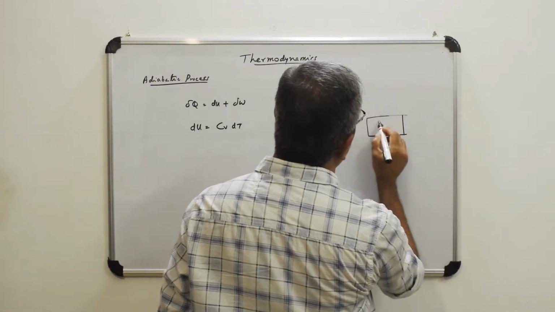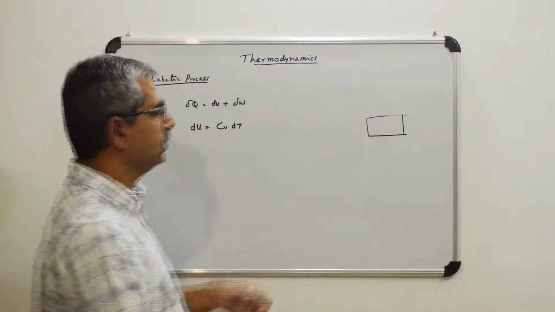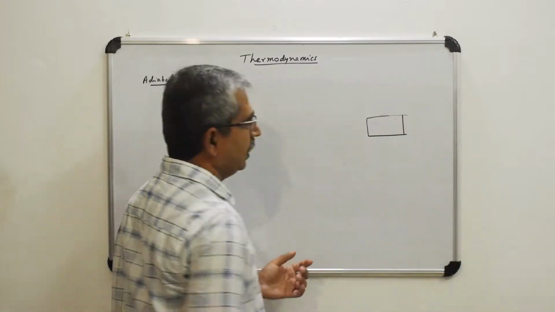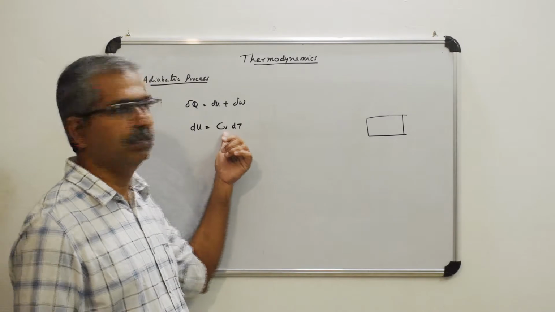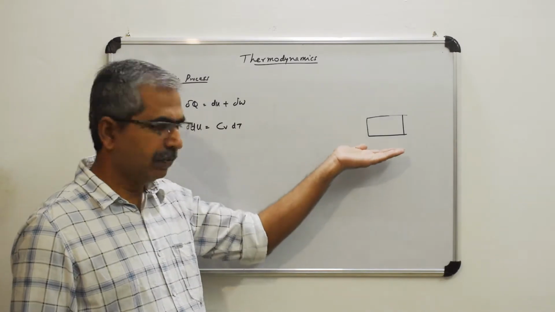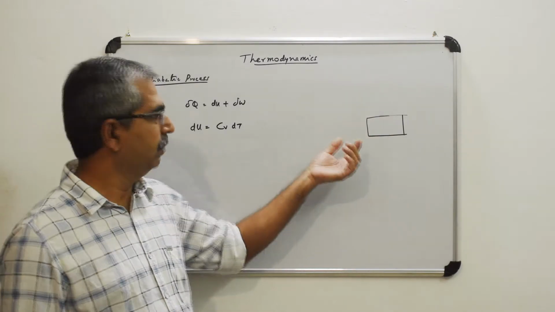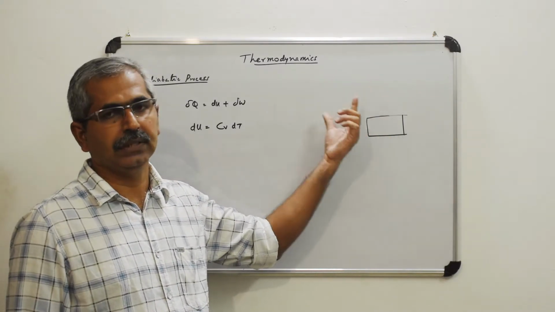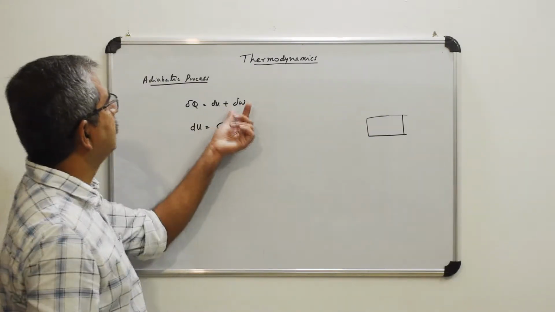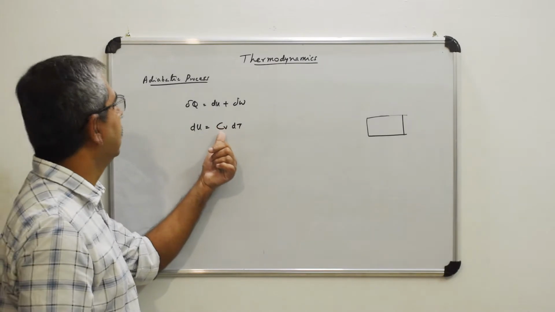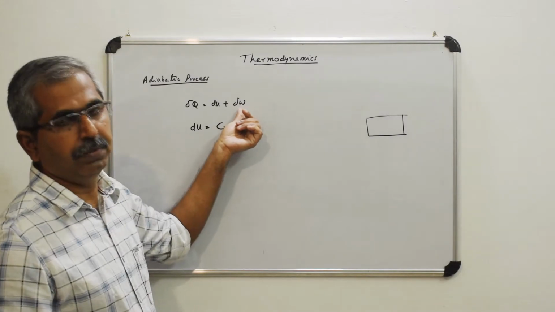Suppose this is the size and that volume is fixed. That means when you are heating the system, it cannot expand because the volume is the same. So whatever amount of energy you are giving to the system will be used for increasing the internal energy of the system. See, this is the first law, and when this process is at constant volume, delta W will be equal to 0.